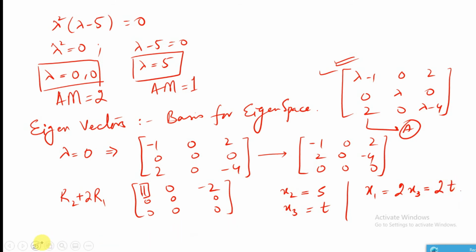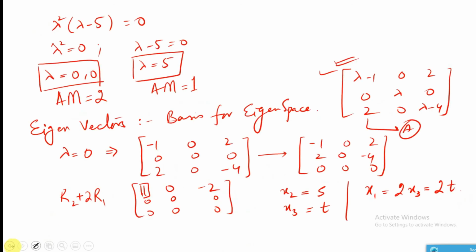So we have these values: x1 is equal to 2t, and x2 is basically s, and x3 is our t value.